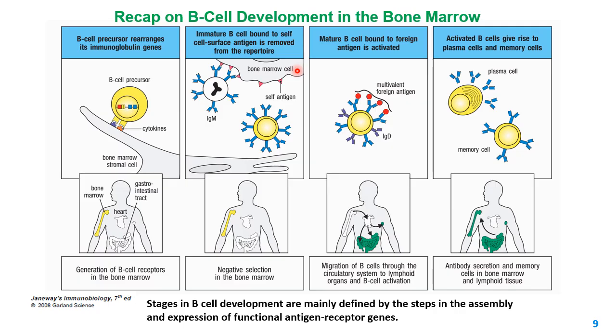Remember what negative selection is doing in the bone marrow? You have some stromal cells presenting self antigens. If the IgM of your B cell is able to interact with those self antigens, then the cell is going to die. So that's your negative selection.